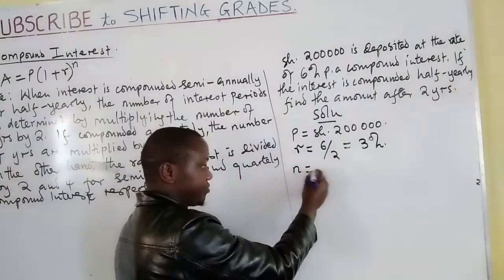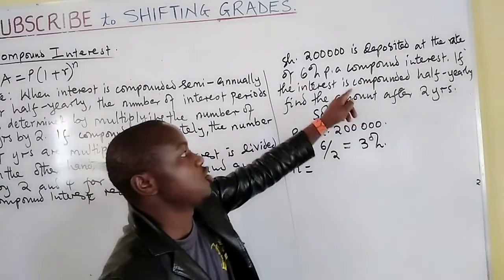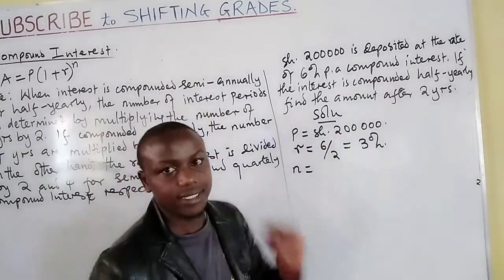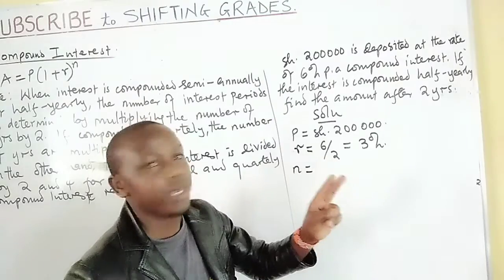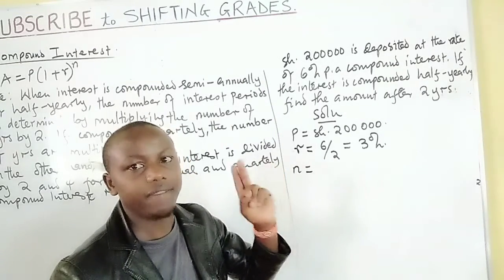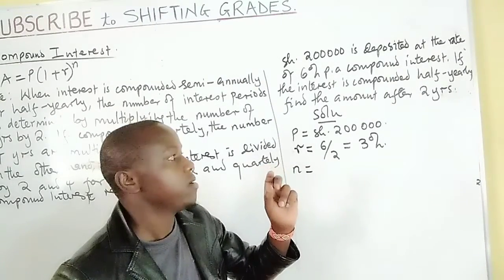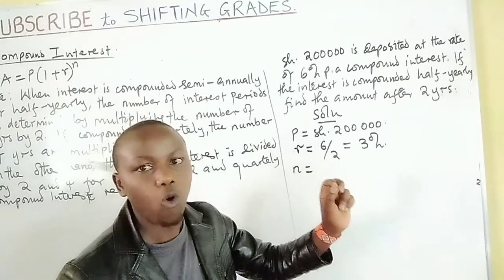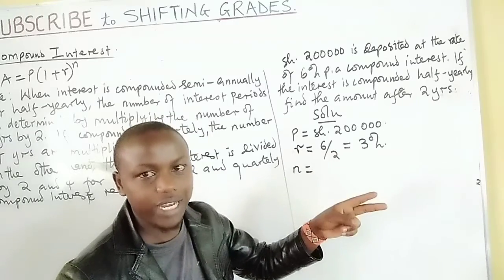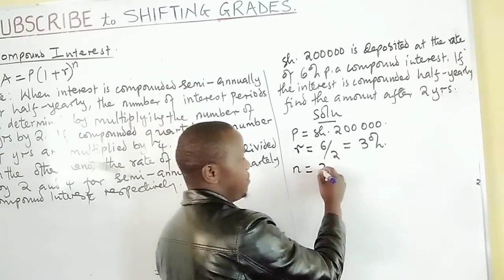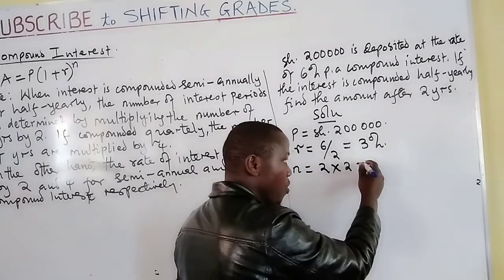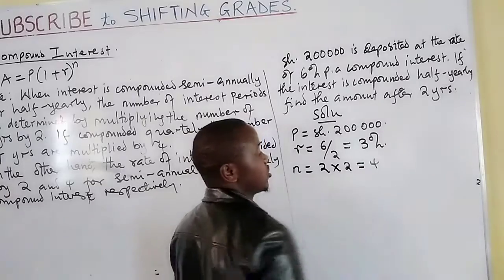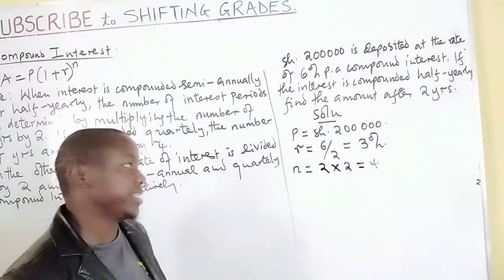And for 2 years, each year will have 2 halves, so the periods for compound interest will be 2 for the first year and 2 for the next year. So N will be 2 years times 2 seasons of compound interest in each, so 4 will be the N in this case.